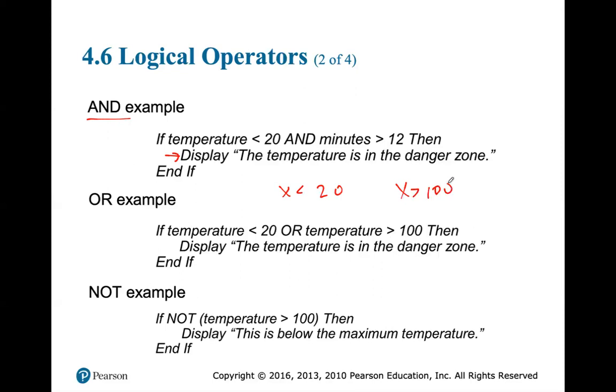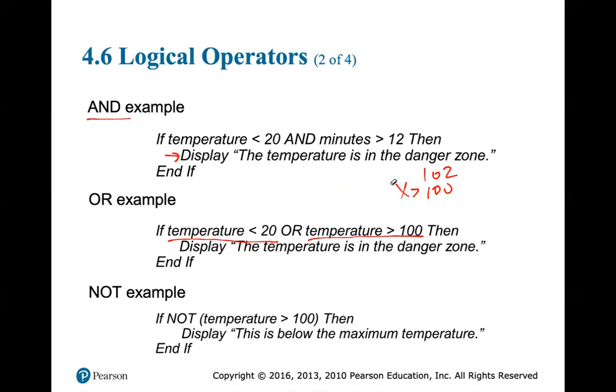Again, pretty simple. If either one of these is true, the whole expression will evaluate to true, and the temperature is in the danger zone message will be displayed. So let's say x is 102. Even though we do not meet this condition, we meet this condition. Therefore, this would be evaluated to true.